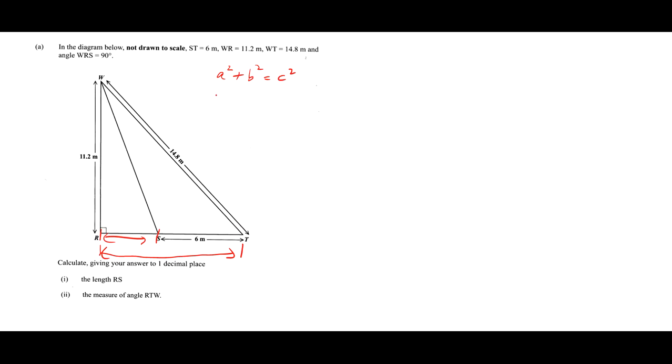So it will be 11.2 squared plus RT squared, which is what we want to find, is equal to the hypotenuse squared, which is 14.8 squared. So RT squared is equal to, I will not square it as yet, 14.8 squared minus 11.2 squared.